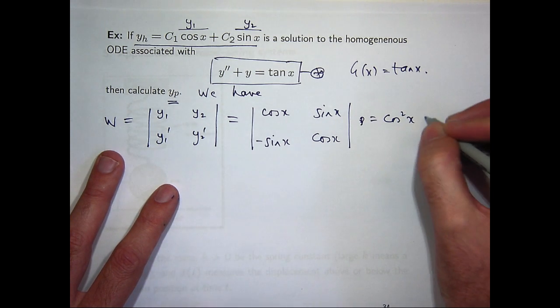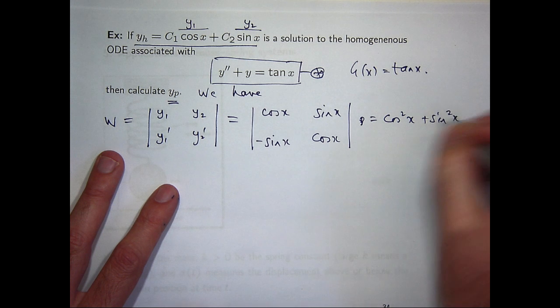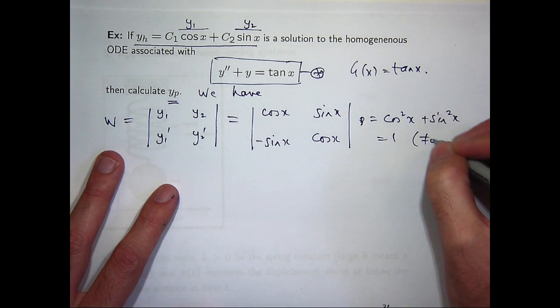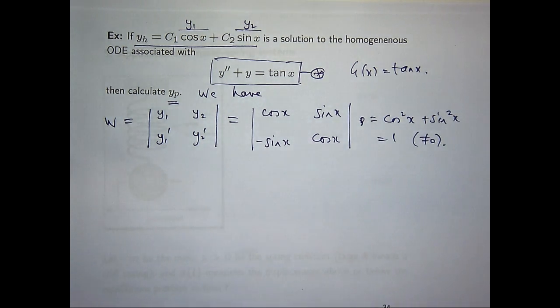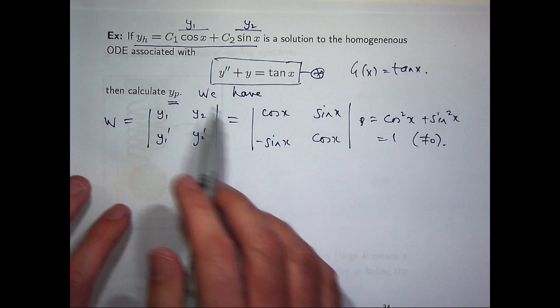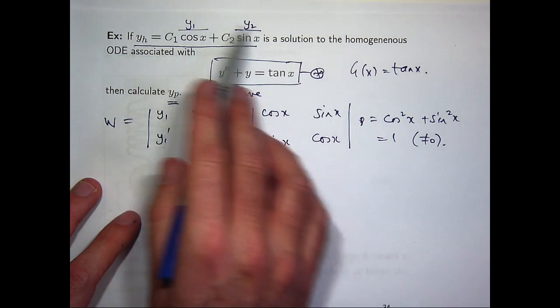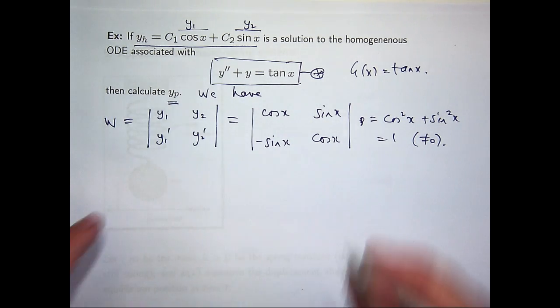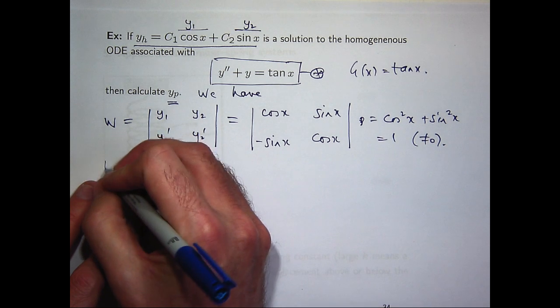So we're going to get 1 there, which is non-zero. So now let's build the particular solution from these y1 and y2 functions.